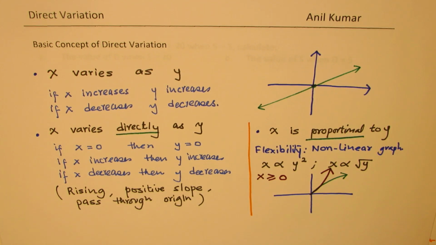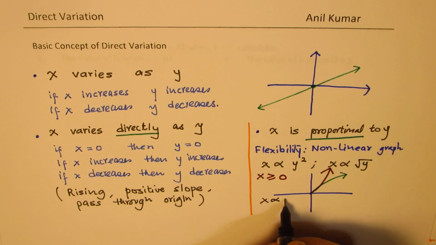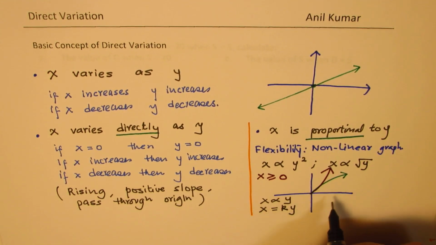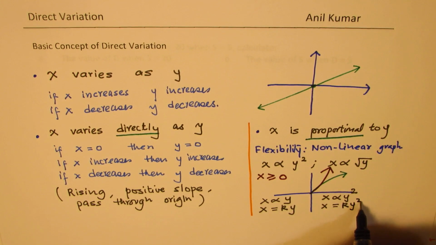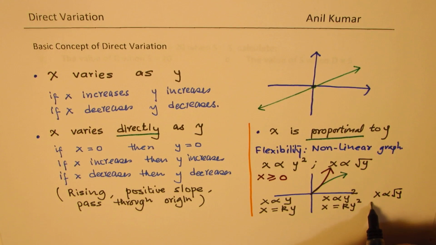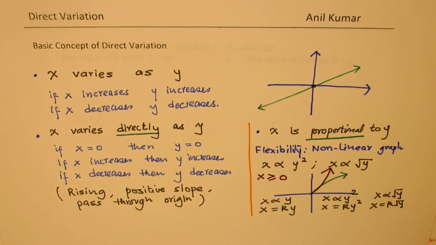Now, the proportionality sign can be changed. If I say x is proportional to y, I can write this as x equals some constant k times y. If I say x is proportional to y squared, then x equals k times y squared. And if x is proportional to square root of y, then x equals k times square root of y.